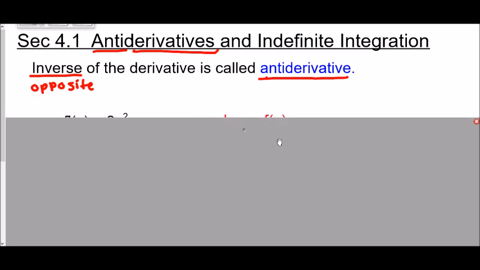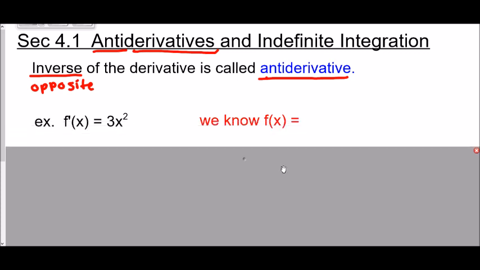So, for example, if we already took the derivative, and f prime of x was equal to 3x squared, then we can kind of figure out that our original function, f of x before we took the derivative, would have been x cubed. Because if we take the derivative of x cubed, we bring the 3 down in front and subtract 1 from the exponent. But here's the problem.